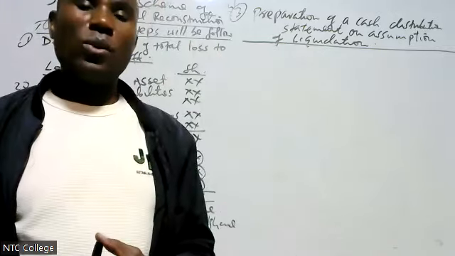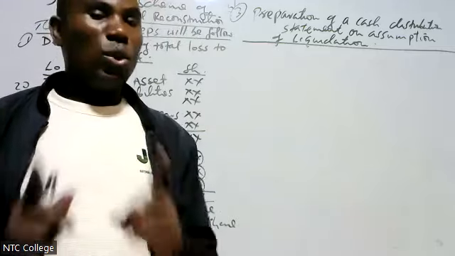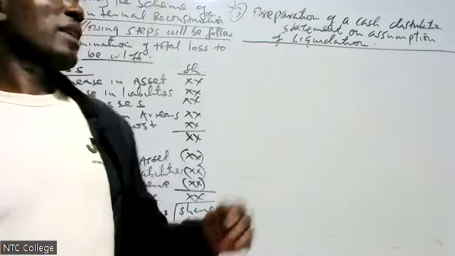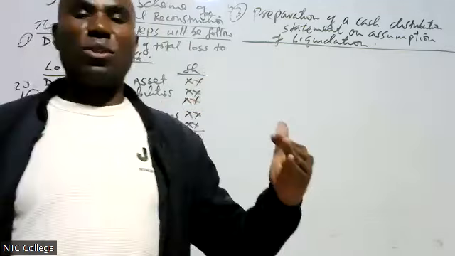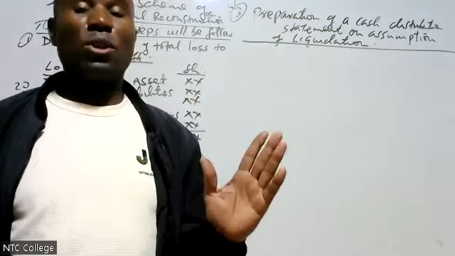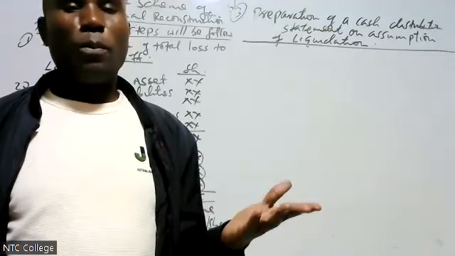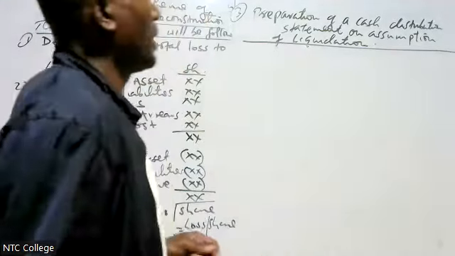In the event I close the doors, your money will not be lost. Therefore, you prepare a cash distribution statement on assumption. It's just an assumption. It's not that we are actually liquidating. In the case I liquidate today, will you be paid? Yes. Therefore, how do we prepare this?